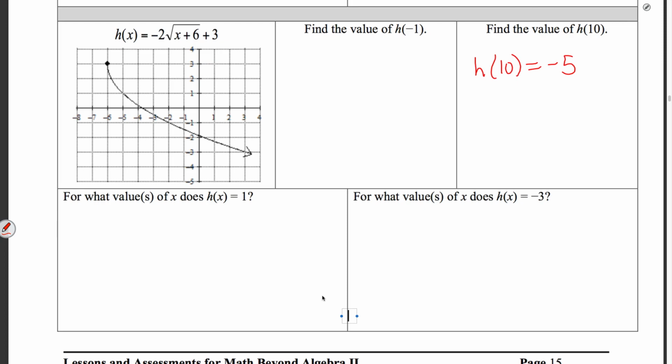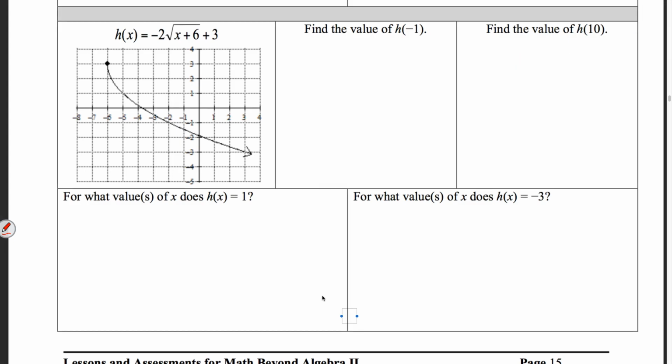No. The plus 3 is on the outside of the square root. Oh. So you do 10 plus 6, because you're plugging a 10 in for x, right? So that'd be square root of 16, which would be 4. And that would be -8 plus 3, which is -5.